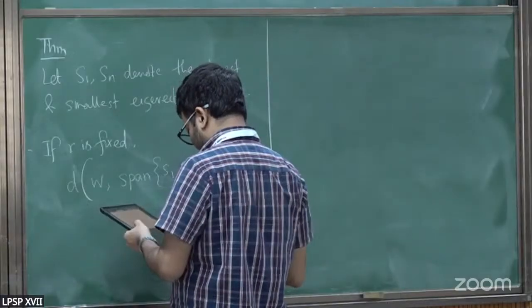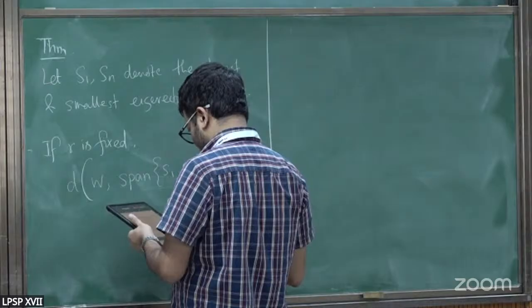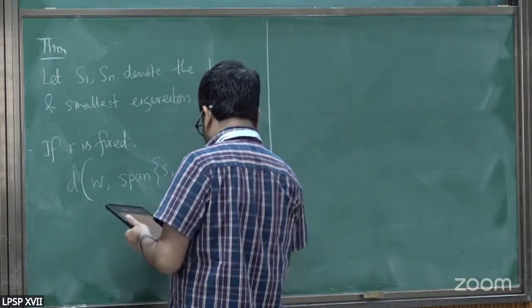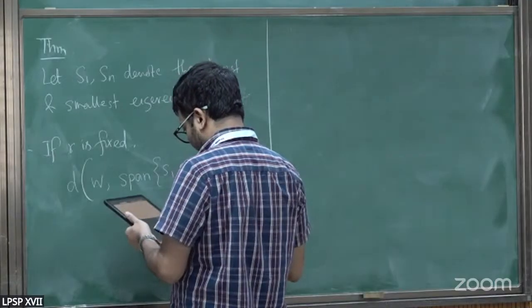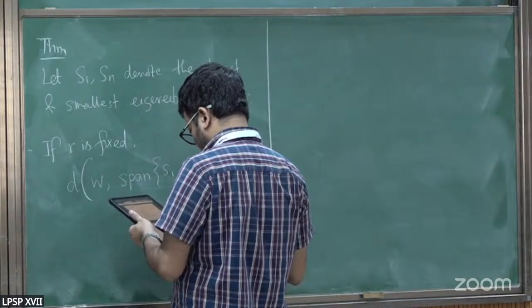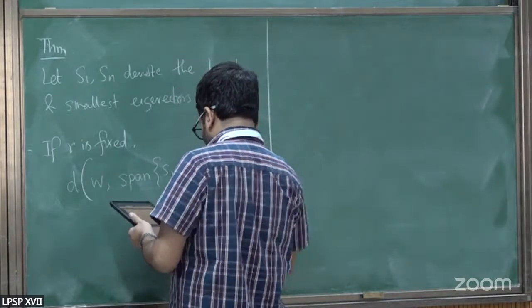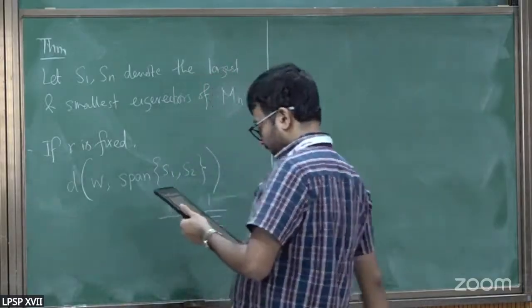Okay, so what is the number? Square root r minus 2, I think. Yeah, 1 over square root r minus 2. Okay.